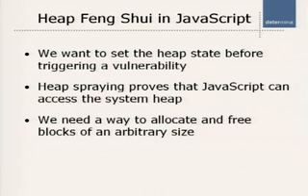We also know that we control the data inside these blocks because that data is the strings that we put there. Now, if we have a way to allocate these blocks of a specific size, let's say you want to allocate a 256-byte block, and if we have a way to free specific blocks, then we would be able to use the heap feng shui technique to control the heap state.